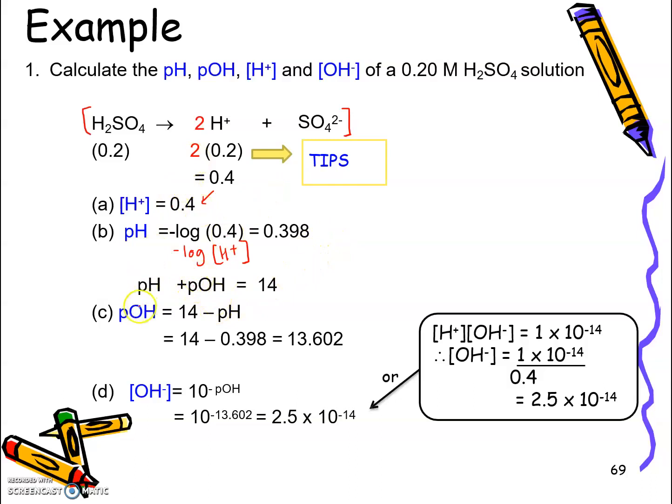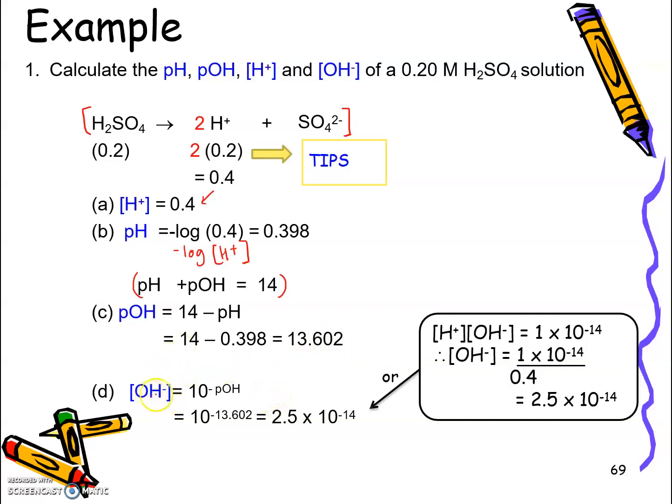To find pOH, since pH plus pOH is 14, and we have calculated pH earlier, we can determine pOH: 14 minus pH. So 14 minus 0.398 equals 13.602.